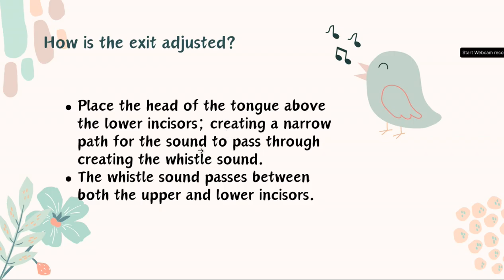It creates a narrow path for the sound to pass through, creating the whistling sound. So the whistle sound passes between both. This is important. It passes between the upper and the lower incisors. So there is a role of the upper incisors. Okay.